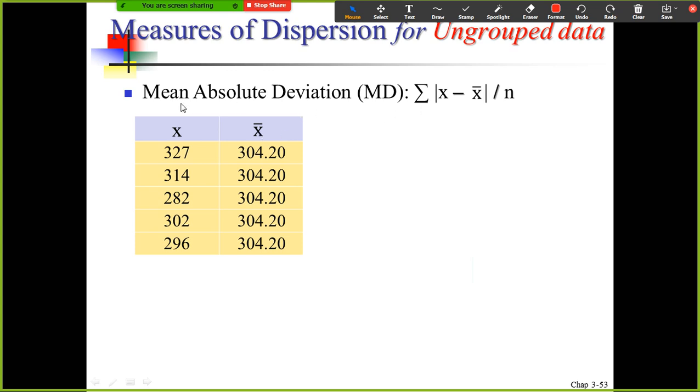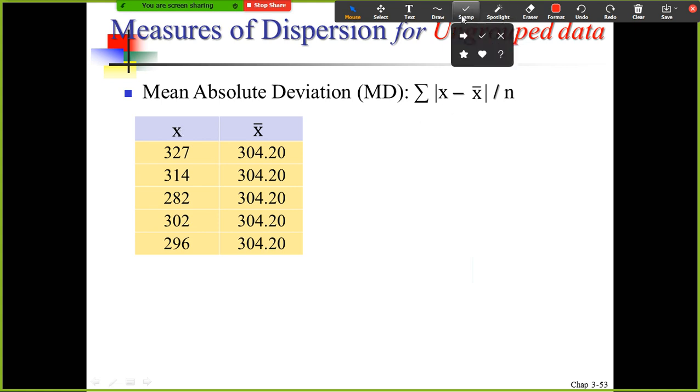So based on our formula, mean absolute deviation is the deviation from the mean to all items, and then you need to find the arithmetic mean again for this one.